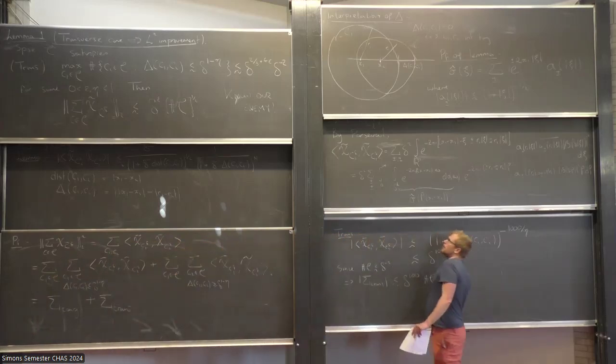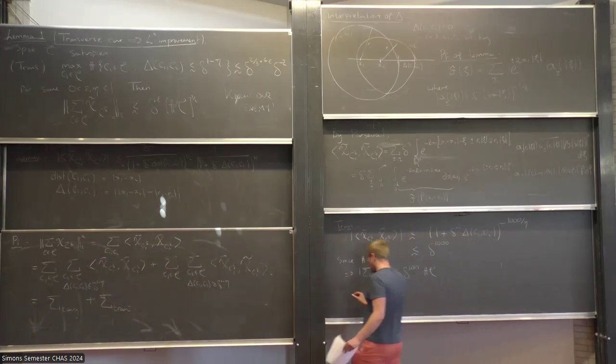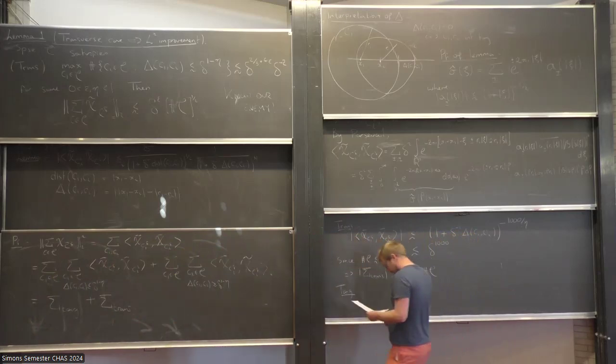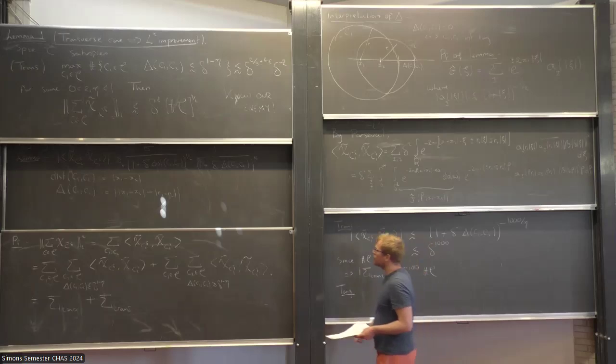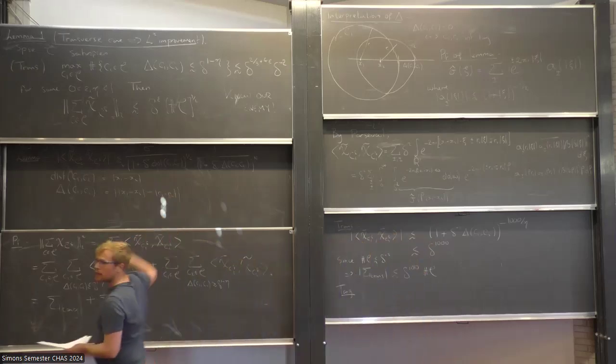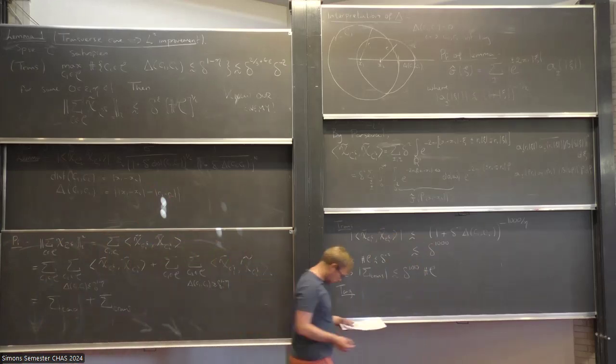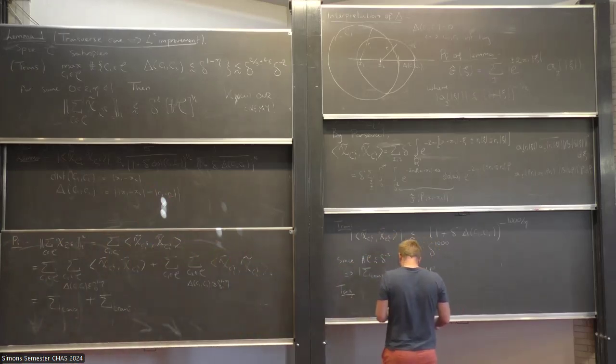So let's go to the meat of the matter, which is the tangent case. So here, we're going to use the hypothesis that there are very few tangent pairings, okay? And that's going to give us our improvement.